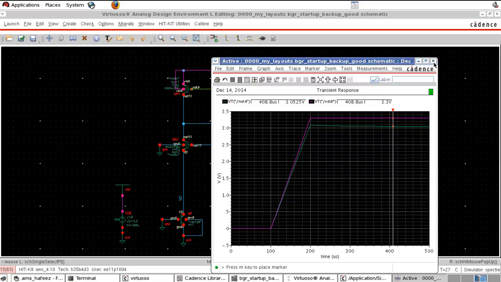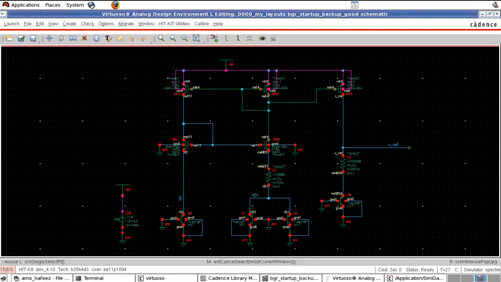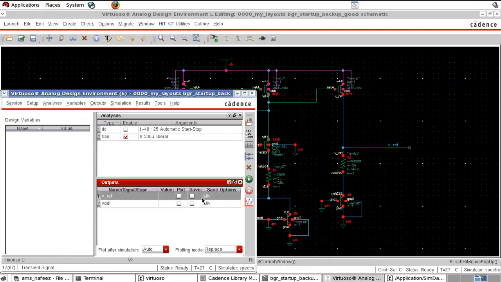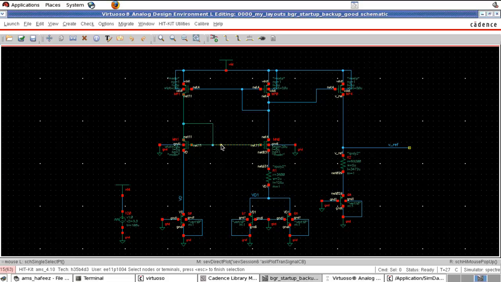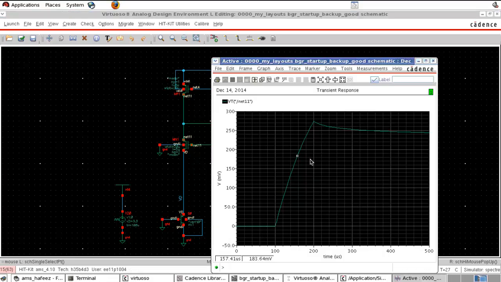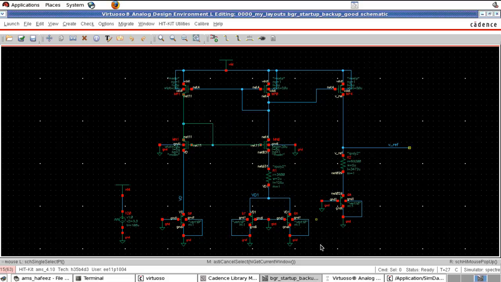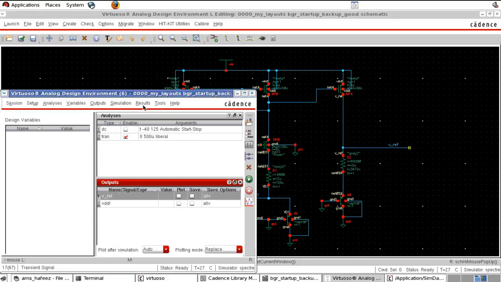Of course this is less than the threshold voltage, so only a small amount of current will be flowing. Now we can plot the gate of the NMOSes also. It is also very near to ground, only 250 millivolt. It is also below the threshold value, so only a small subthreshold current will be flowing. So these MOSFETs are not in saturation now. As a result, the current flowing through is very small.